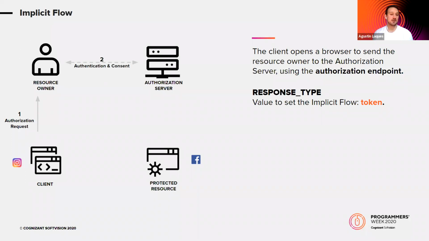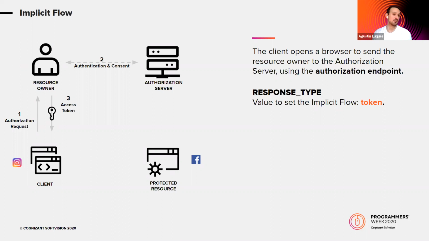But now the authorization server will validate the user credentials, of course. The user will authenticate and authorize the client, but it will not return the authorization code. It will return the access token itself, though.